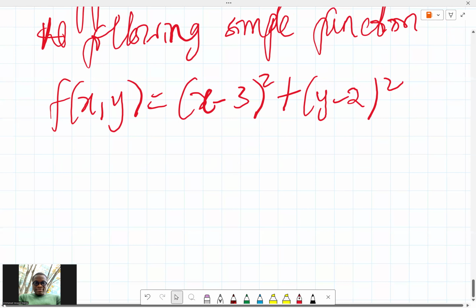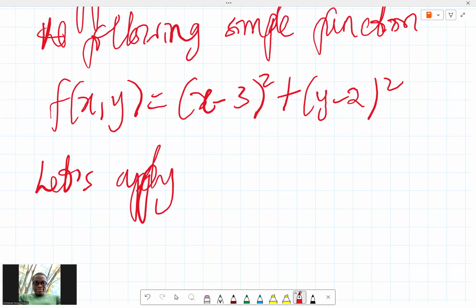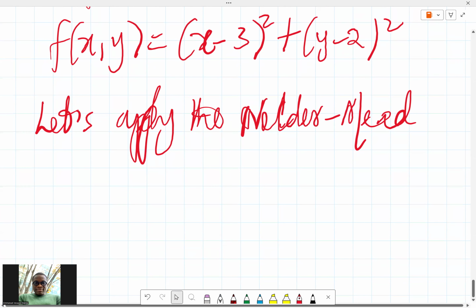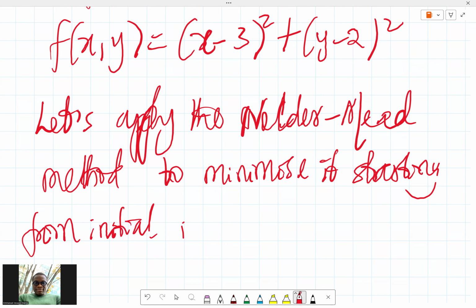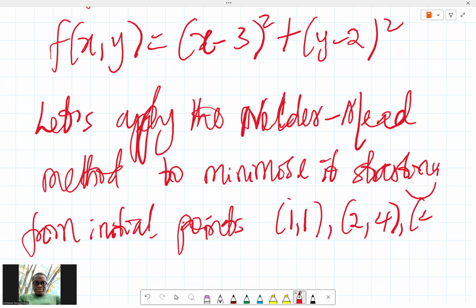So here, let's apply the Nelder-Mead method to minimize it, starting from initial points 1, 1, 2, 4, and 4, 1.